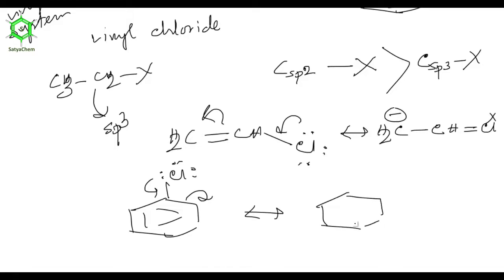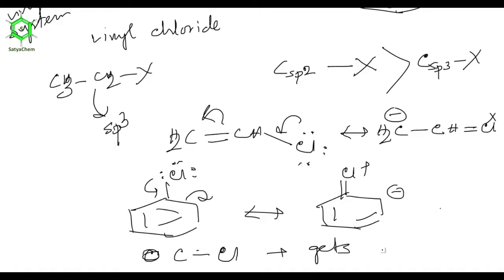See, this C-Cl bond gets some double bond character. Thus, the carbon-chlorine bond has partial double bond character. Here it is a single bond, here it is a double bond. See, in this canonical form the C-Cl bond is single, but here it is a double bond. So as a whole, that is why I am telling you that the carbon-chlorine bond gets double bond character.